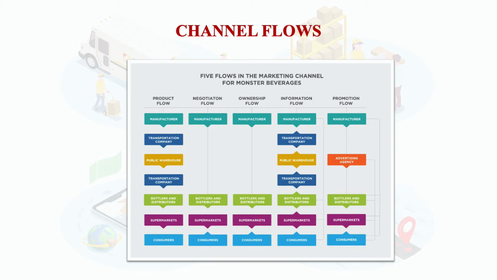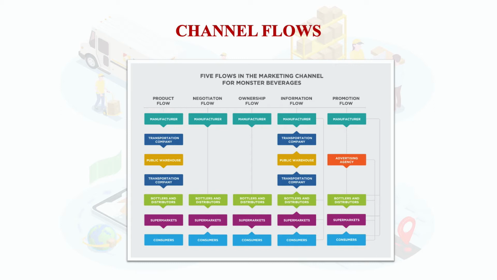The initial ownership or the title belongs to the manufacturer. There are two kinds of intermediaries as far as the title flow is concerned. There are agent middlemen. The agent middlemen do not take the title to the goods. They hold the title on behalf of the manufacturer, and then they give it either to the wholesaler or directly to the consumer.